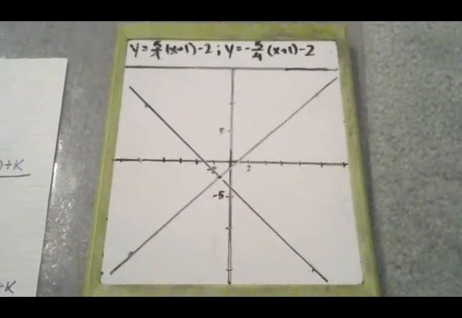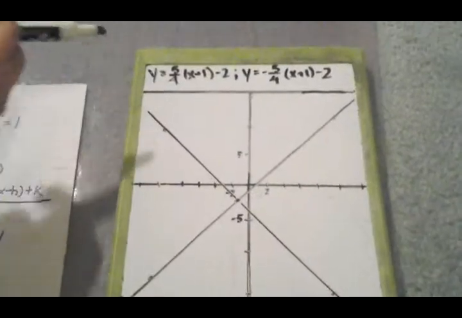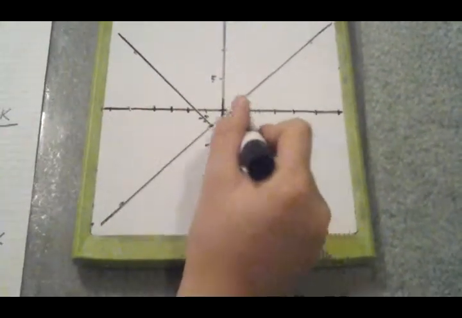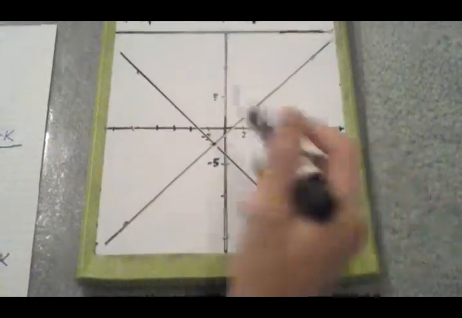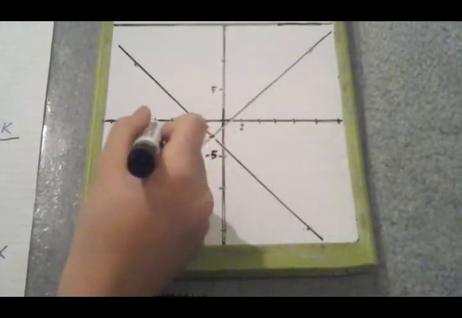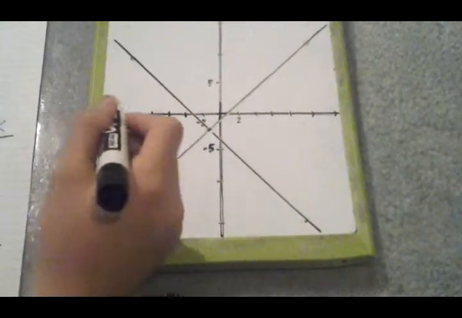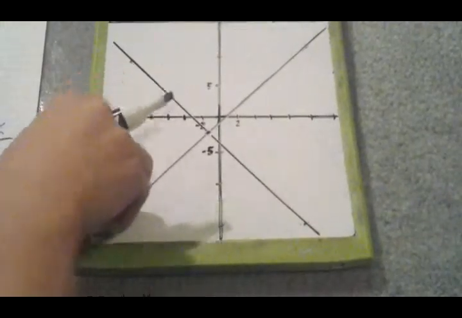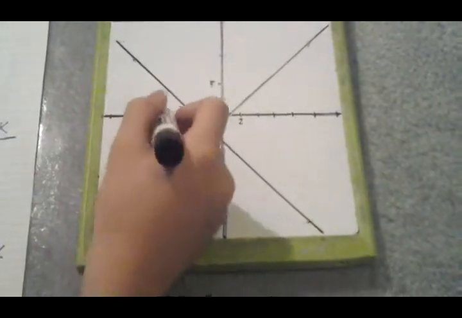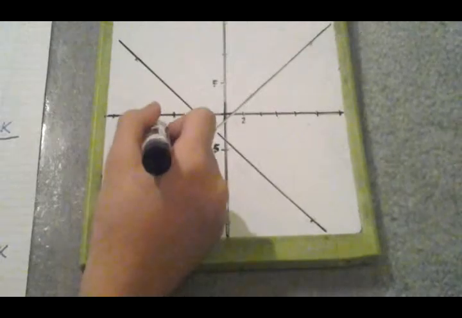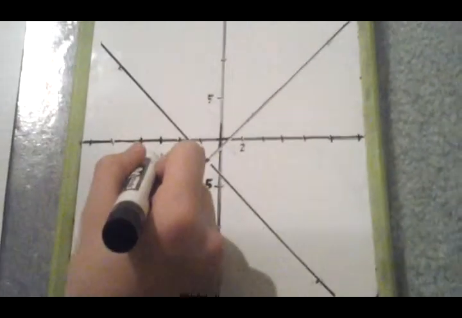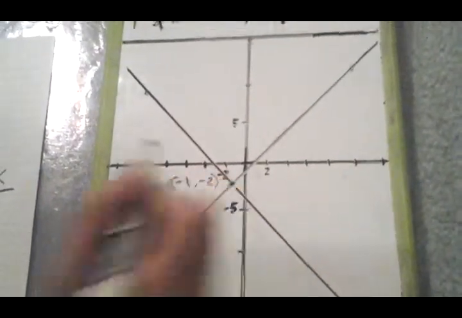Now that we have our equations for the asymptotes, we have graphed them for you. The scale is by 2 and 5. This is the center right here, which is negative 1, negative 2.